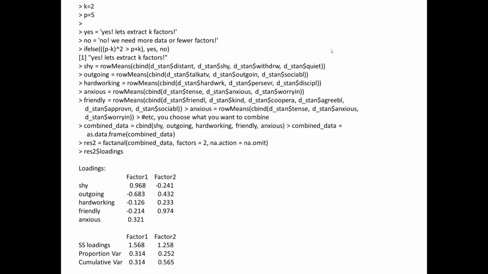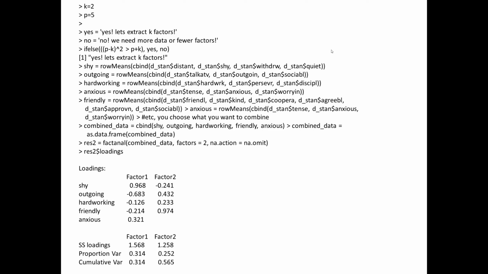There's one more thing we can do in this program. We can create composite variables ourselves. If we reduce the number of variables in our data set, our algorithms could run faster, and our models might be more robust, etc. So let's take a look at combining variables down to a total of 5.